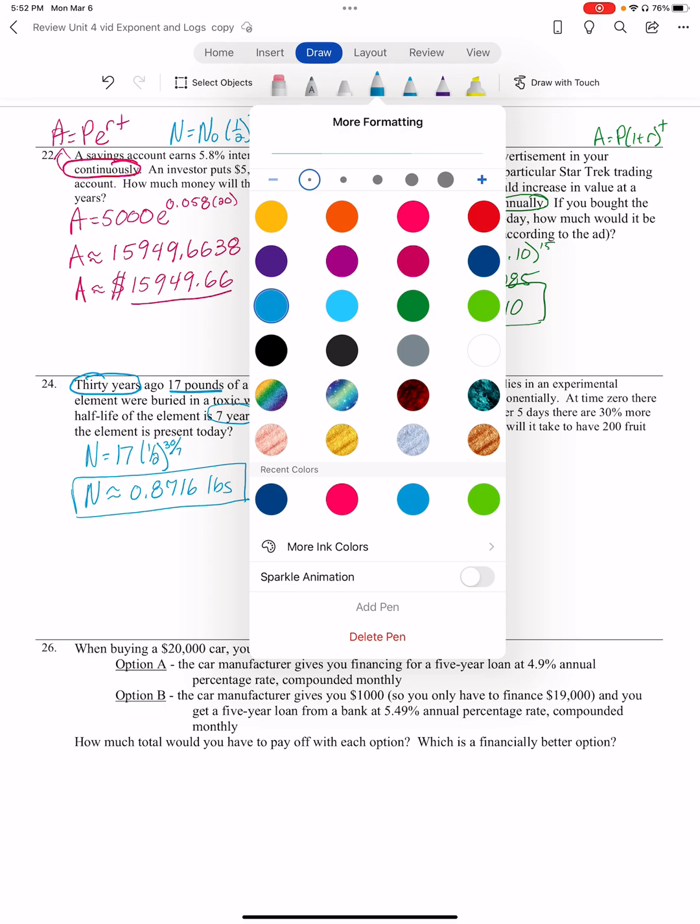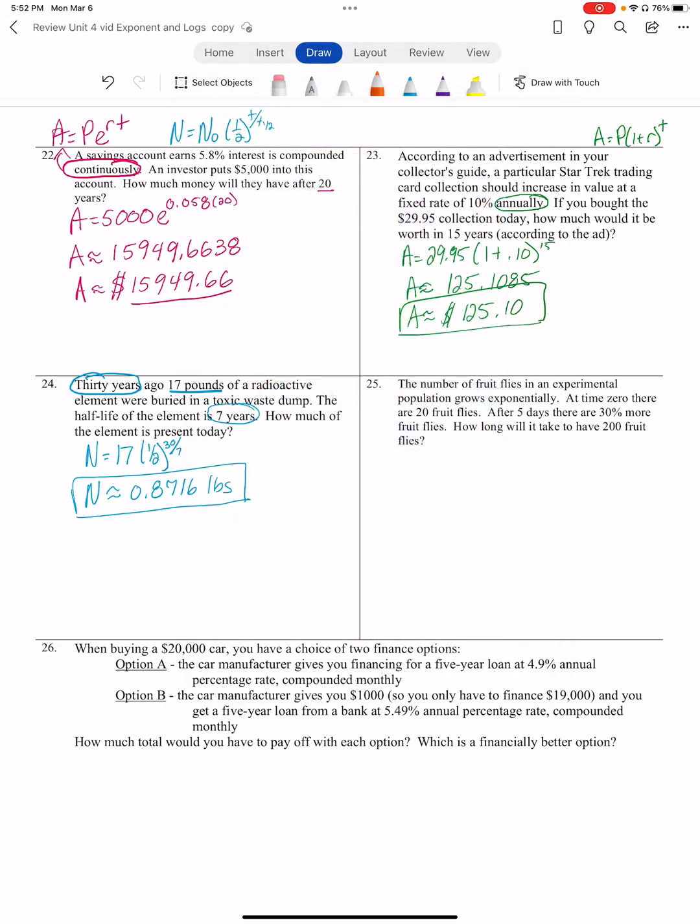The number of fruit flies in an experimental population grows exponentially. At time 0, there are 20. After 5 days, there are 30% more fruit flies. How long will it take to have 200 fruit flies? So we want to know when it's equal to 200 fruit flies. We are missing our rate.